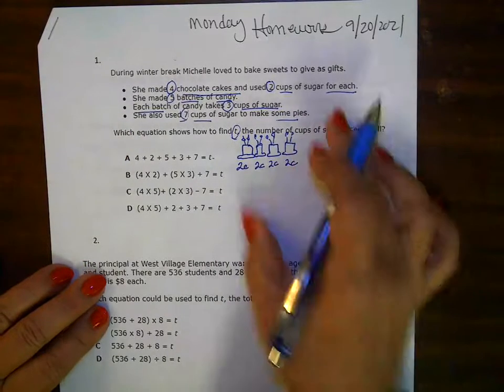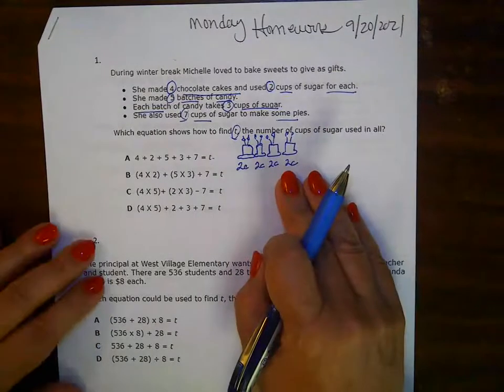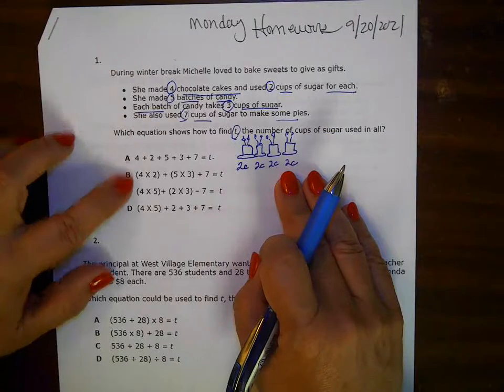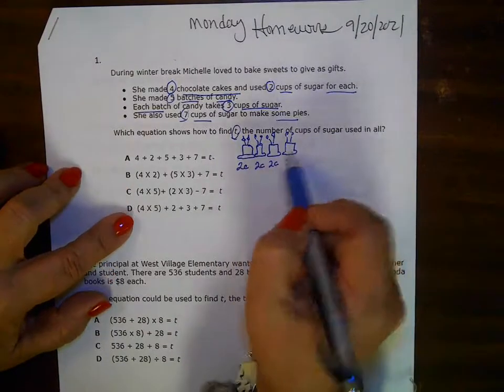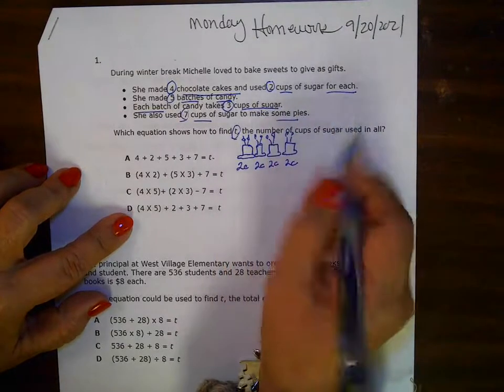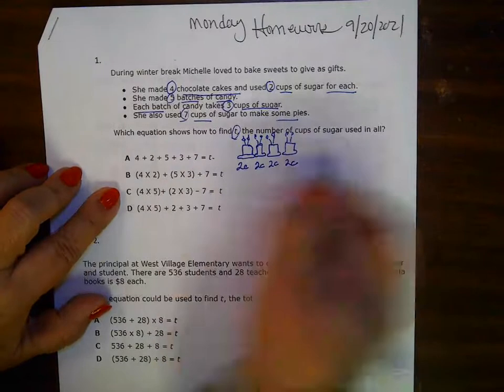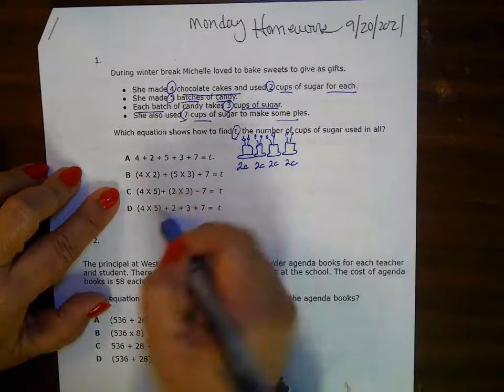All right, so based on this picture that I drew, which one will work for that she had 4 cakes. Each cake took 2 cups of sugar, because remember that we're finding out how much sugar she used in all.